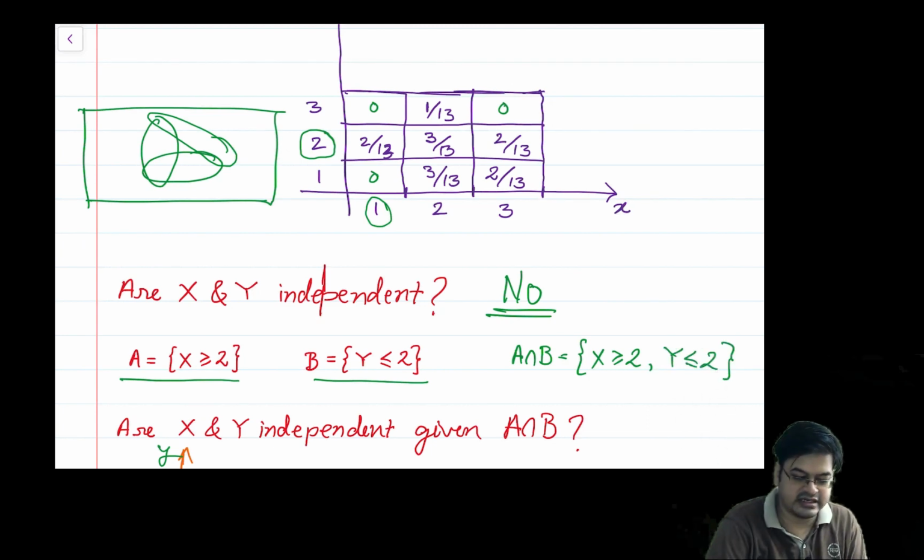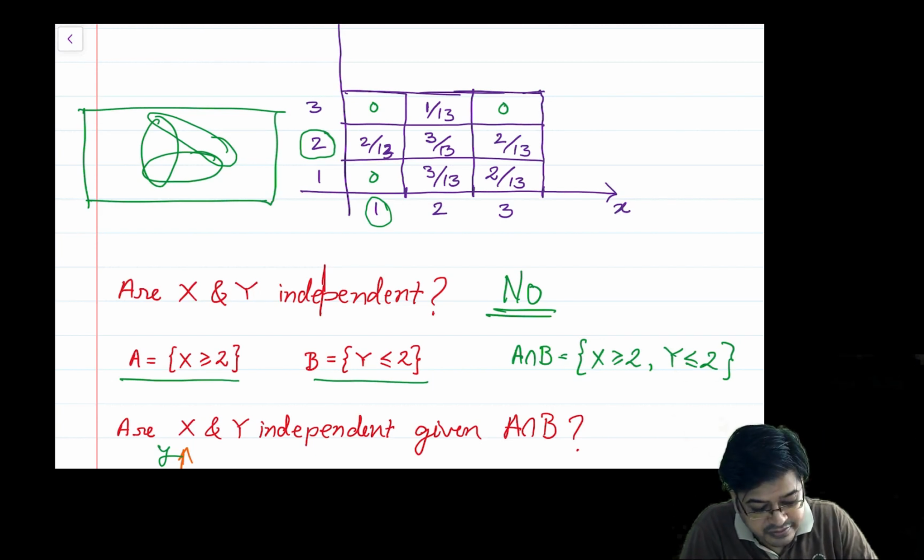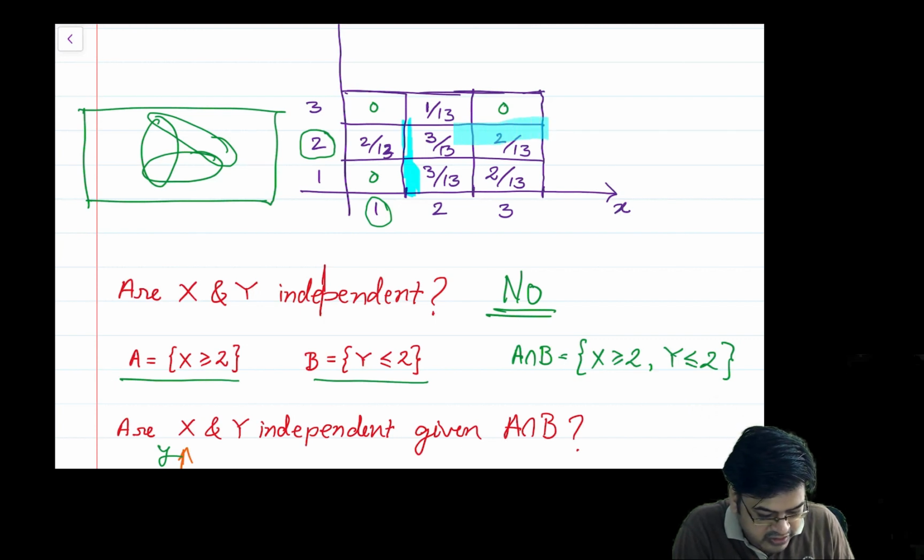So let us understand this event in this table. My x is greater than or equal to 2, so it starts from here and goes throughout, and y is less than or equal to 2, therefore it ends here. So now my event is this. Great.